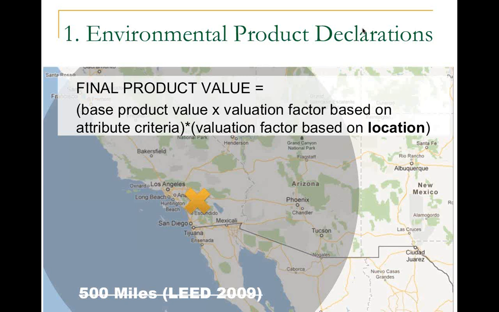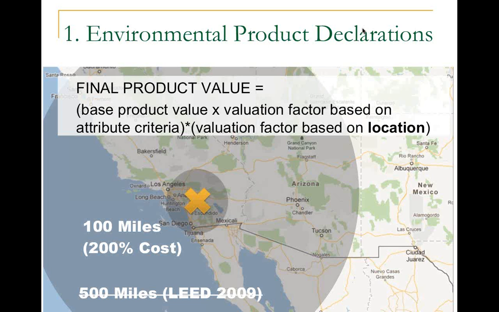Well, now they've helped that along by saying that if you are within 100 miles, they will give you additional value, because it is a multiplication here: base product value, a value factor based on attribute type criteria. That was the one that I mentioned: half value, quarter value, full value.